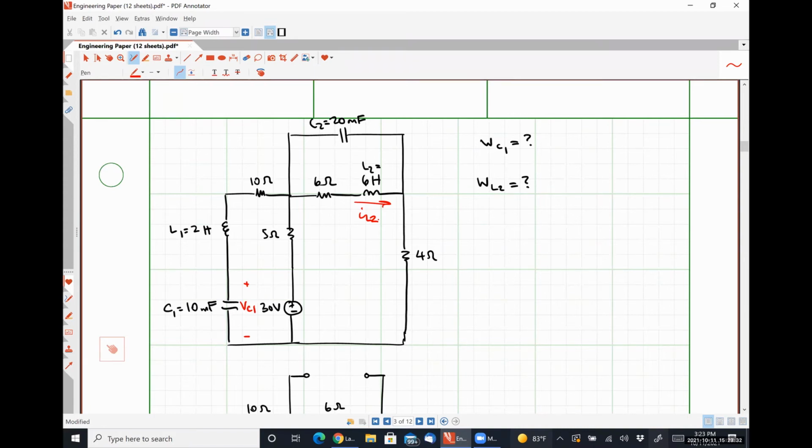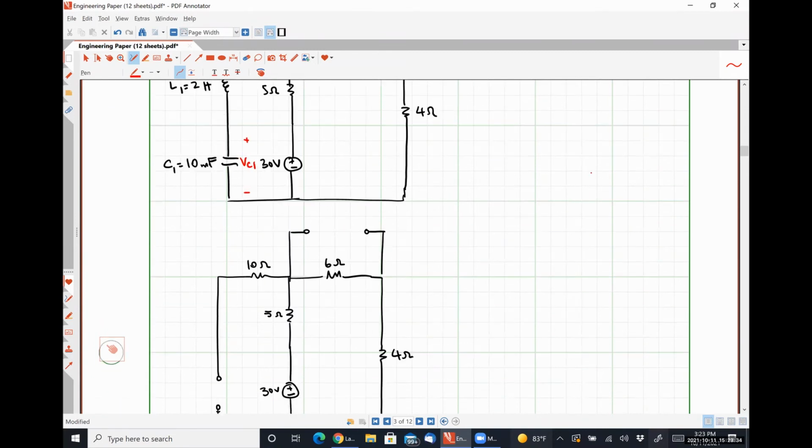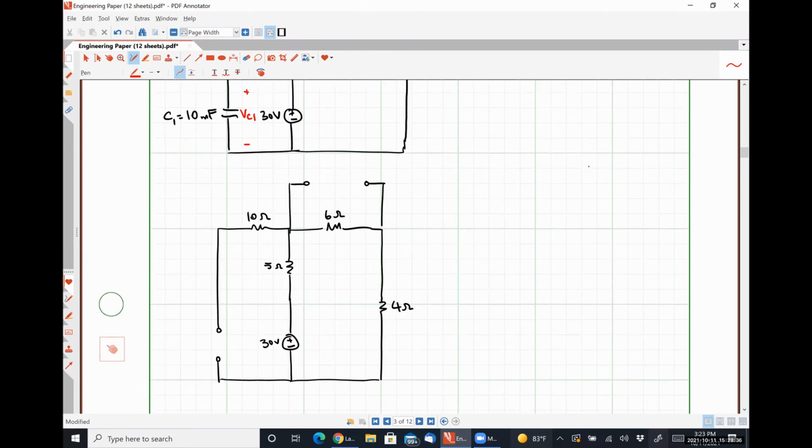So for our redrawn circuit, where should that capacitor voltage and where should that inductor current be? Same exact place, right? The current flowing through my 6 ohm resistor represents the current flowing through my inductor L2 because those two elements were connected together in series.